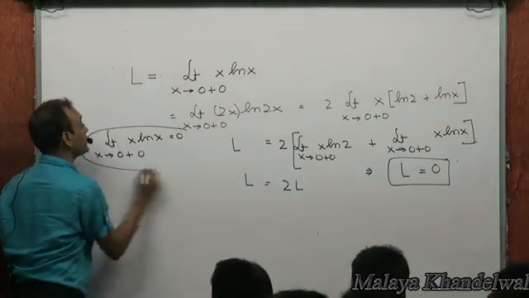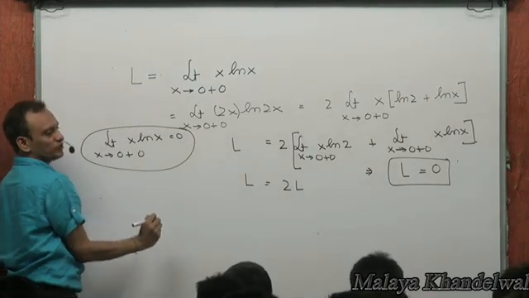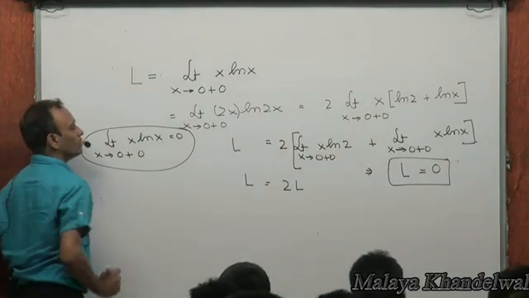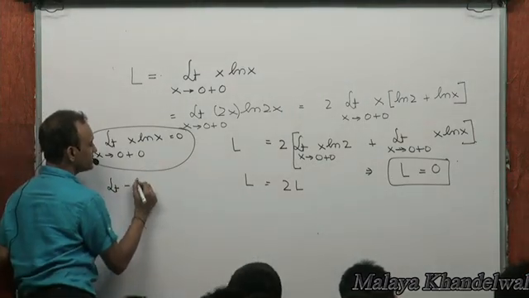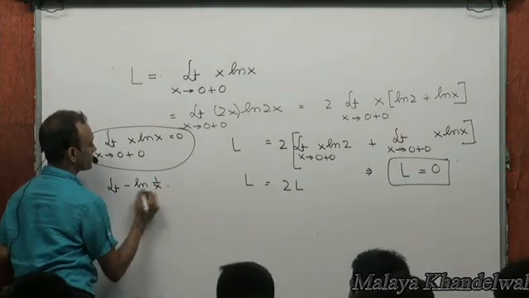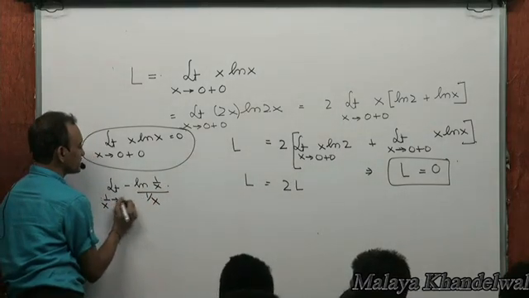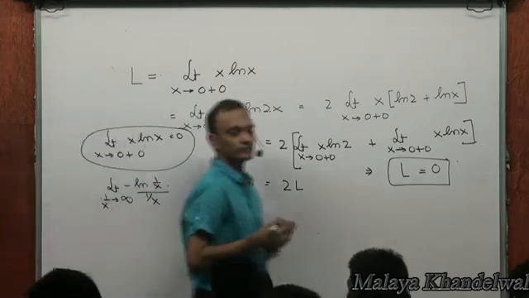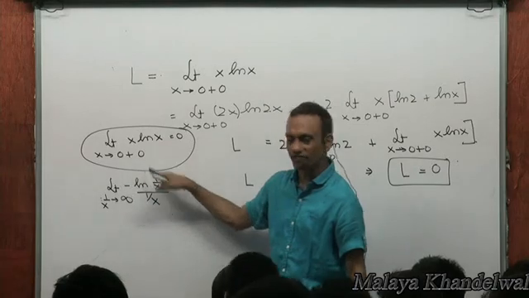This is a very commonly used limit, a standard limit for the sake of our class. Now, this you could also write as limit minus ln 1 by x, divided by 1 by x, as 1 by x tends to plus infinity. Can I do this? As x tends to 0, 1 by x will tend to plus infinity.